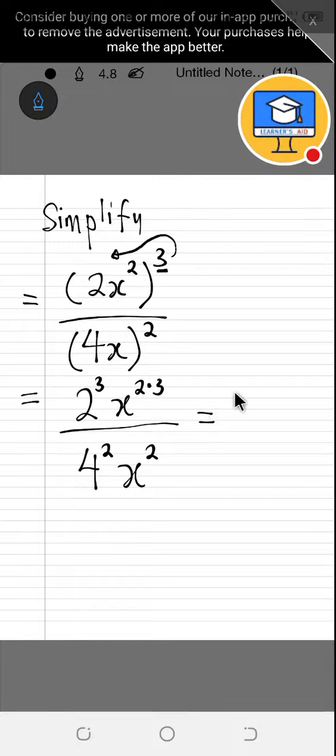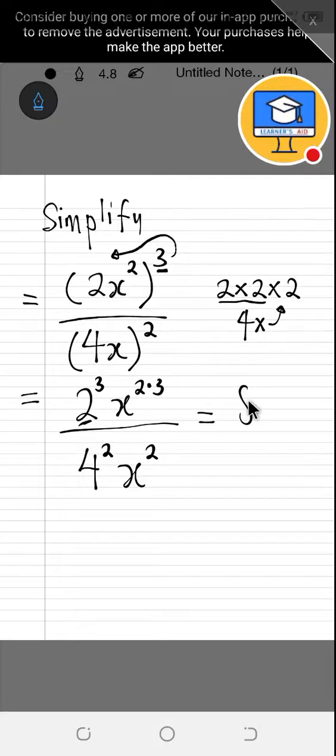So therefore we have 2 to the power 3 is 8. 2 to the power 3 means 2 times 2 times 2. 2 times 2 is 4, and 4 times 2 is 8.